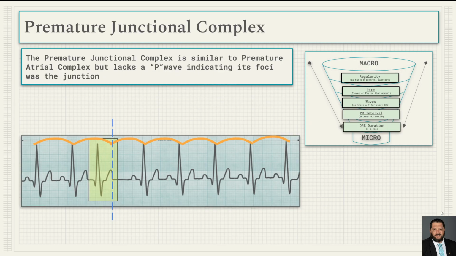In contrast, this complex that has occurred early in an otherwise sinus rhythm has no P wave present. By definition for junctional rhythms, because there are no P waves present in this beat, this would be a premature junctional complex, indicating that the electrical foci for the premature beat came from the junctional area of the heart.